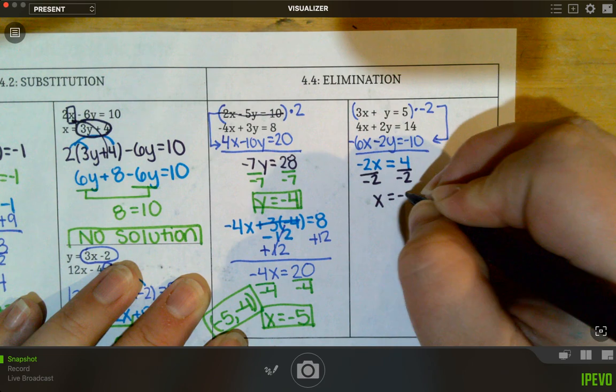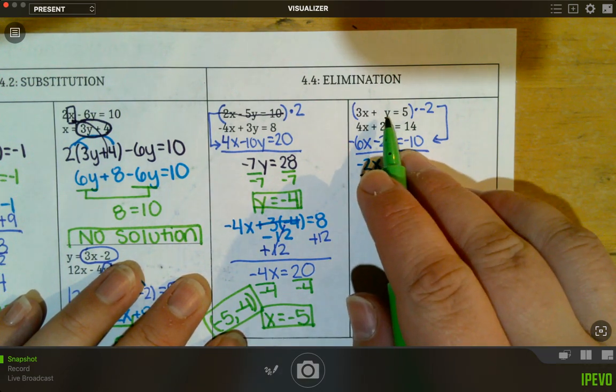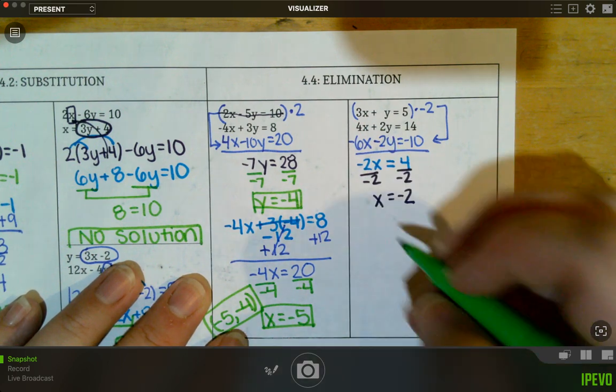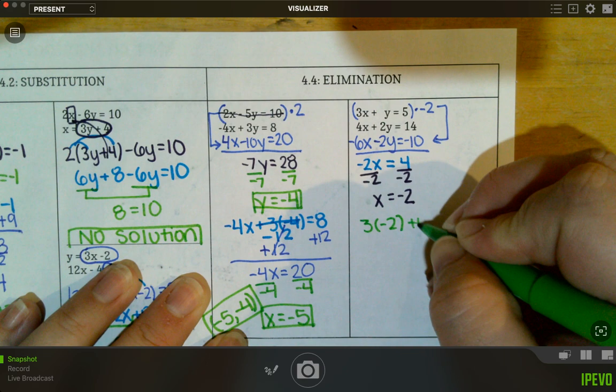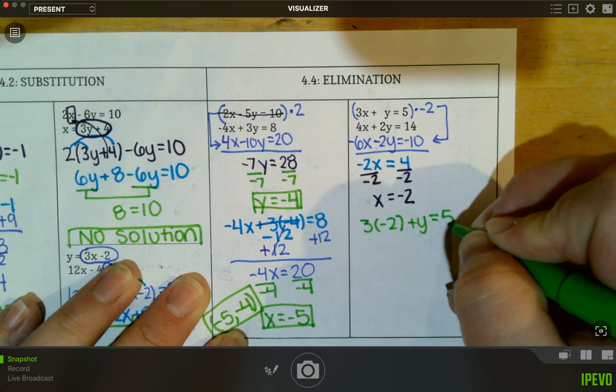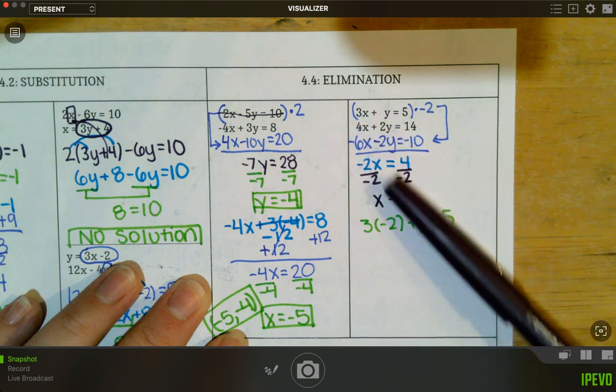X equals -2. That's the first part of my answer. And then I plug that back in. I'm actually going to plug it into the top one because I think it has smaller numbers, which is easier to work with. So I'm replacing the x with -2.